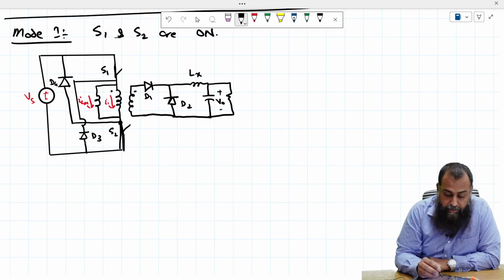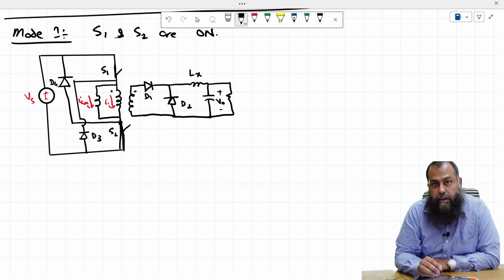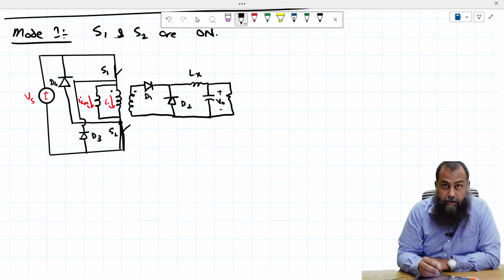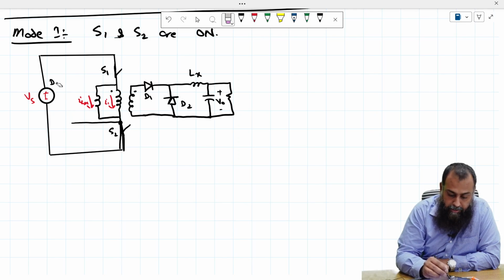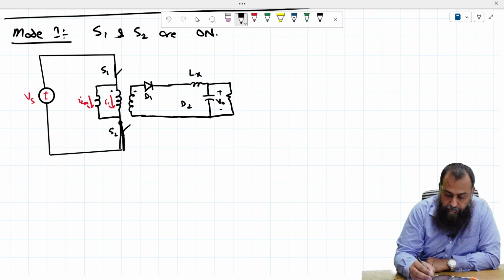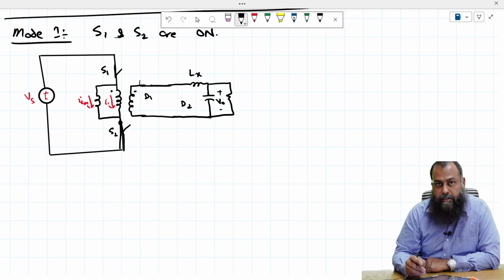On the same basis, when switch S1 is on, the cathode of diode D3 becomes connected with the positive of the supply voltage Vs, and therefore D4 and D3 will turn off. Now if I remove them, just to avoid clutter, this is what the circuit on the primary side looks like. On the secondary side, D2 is off and D1 simply conducts, and this is the circuit during the time S1 and S2 are on.